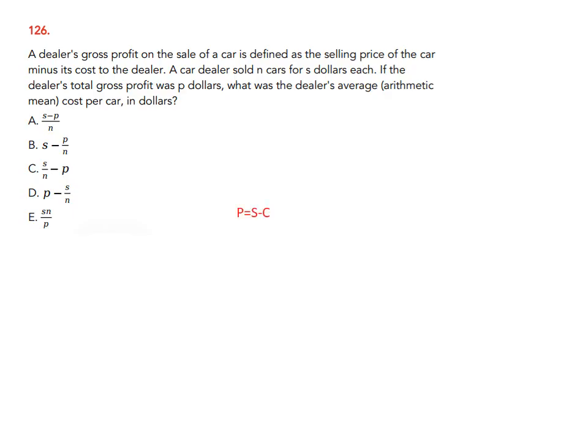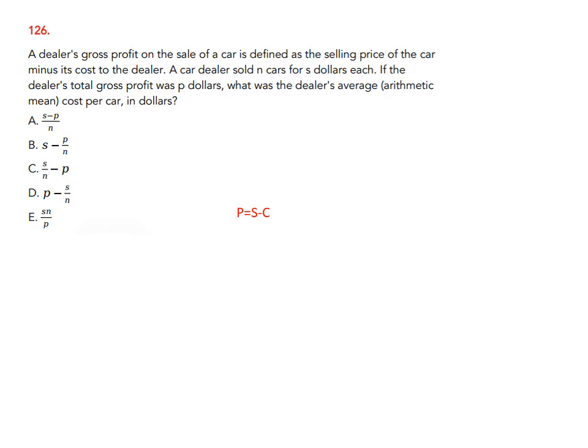So you can write it as P equals S minus C. So P is profit, S is selling price, and C is the cost to the dealer. Now set the equation according to the question. A car dealer sold N cars for S dollars each.